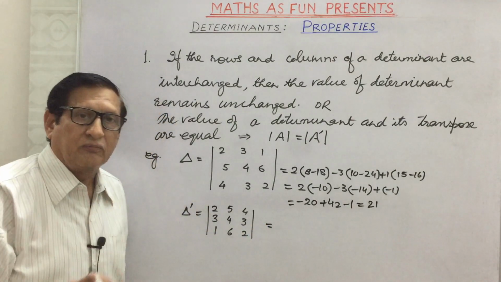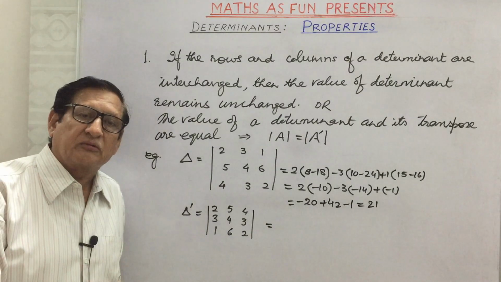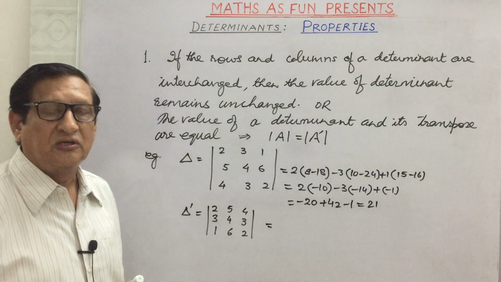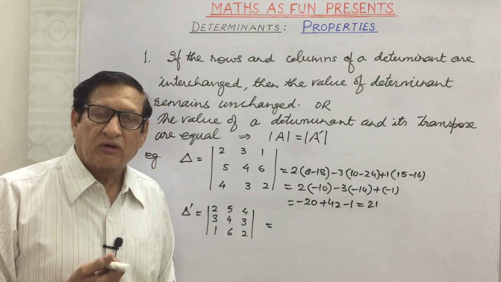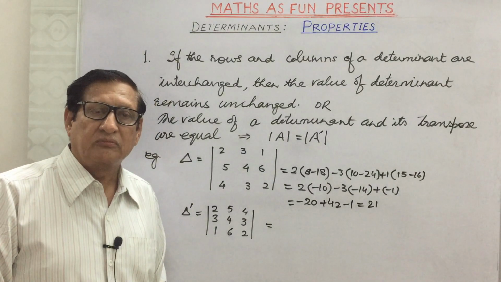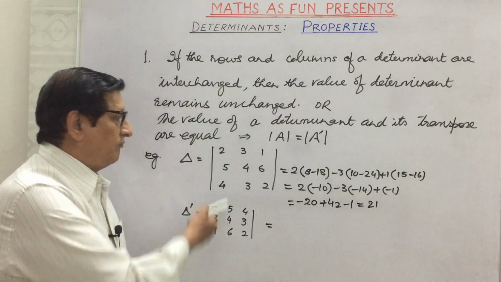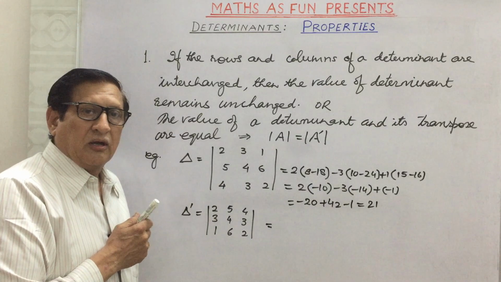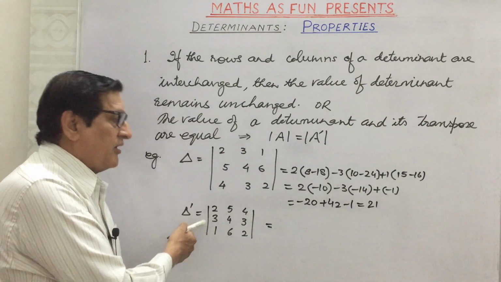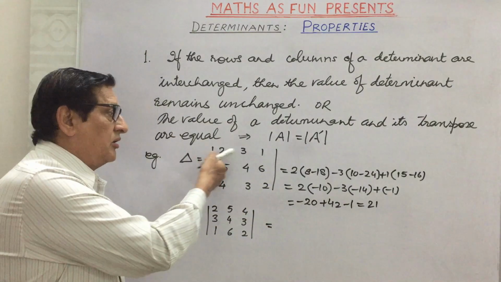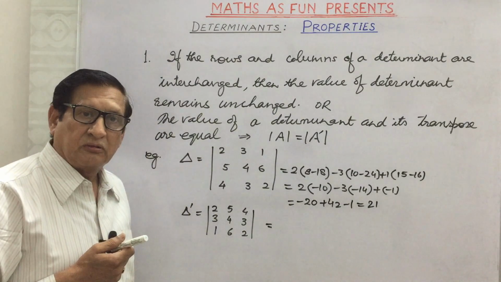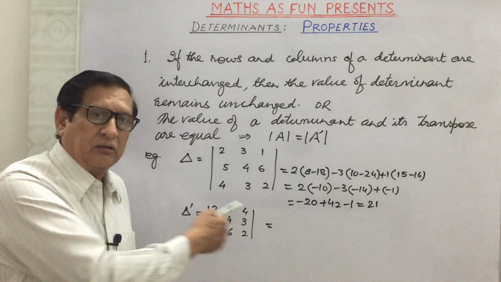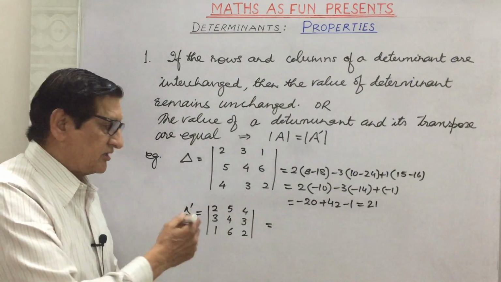Of course, we know that the value of a determinant can be found by expanding it along the rows or along the columns, any row or any column. So here also, if we expand it about the column, we will find the same value because the row has become the column. But even then, let's expand it about row 1 and see the value.